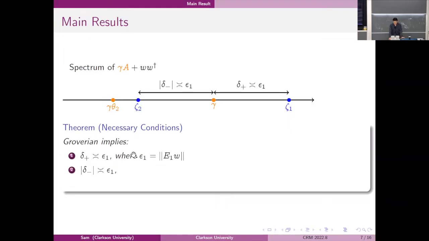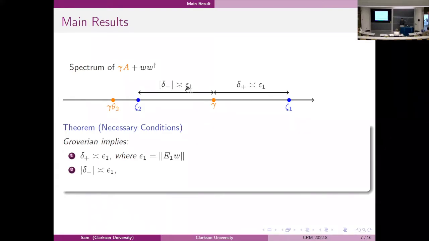The second one looks at gamma theta 2, the second largest eigenvalue of the underlying graph. Again, because of the perturbation, the perturbed eigenvalue will be on the right, and it would lie in between gamma theta 2 and gamma. The gap between gamma and zeta 2, which we call delta minus, should be asymptotically the same as epsilon 1.